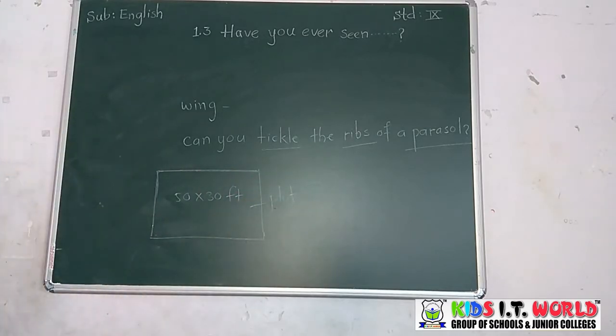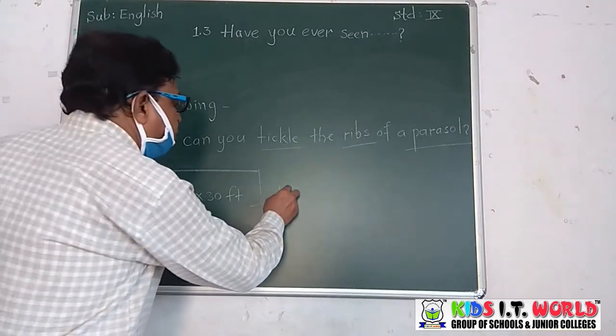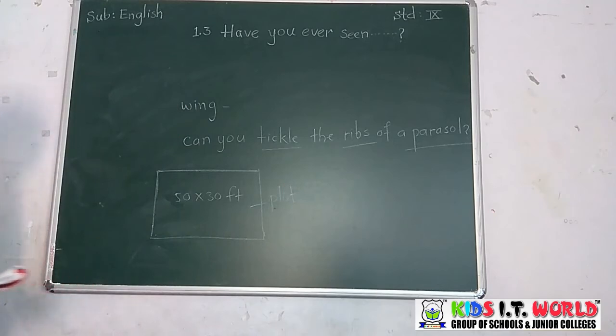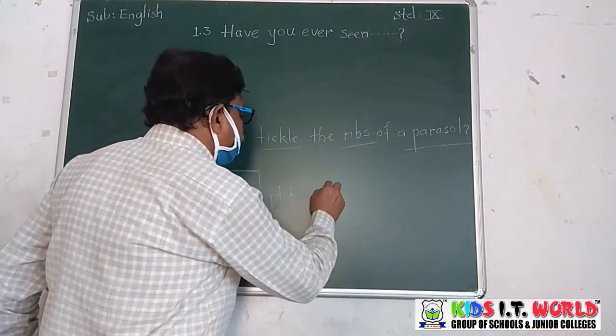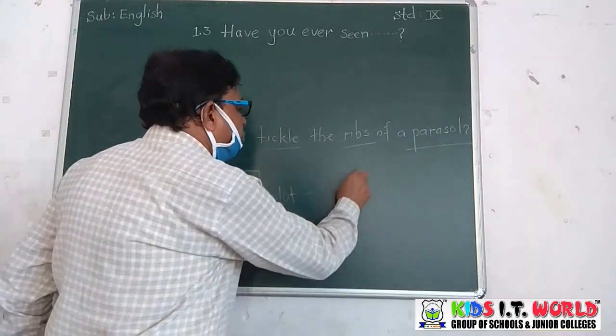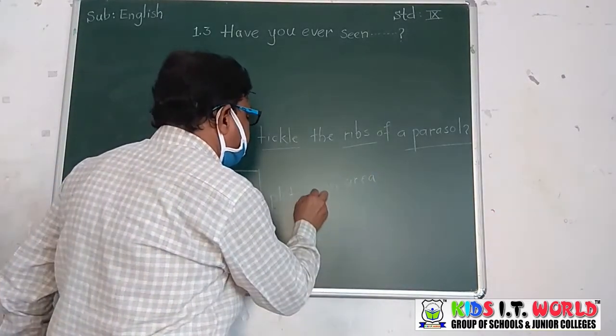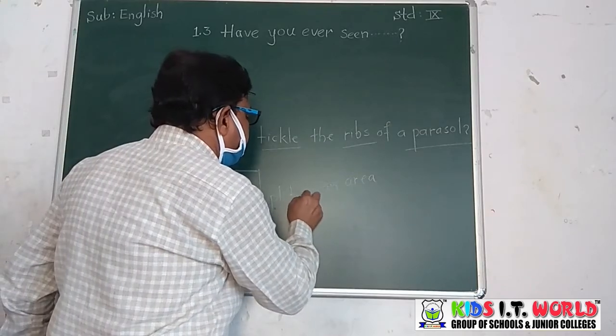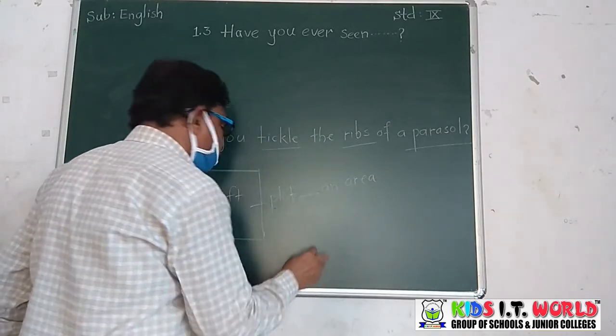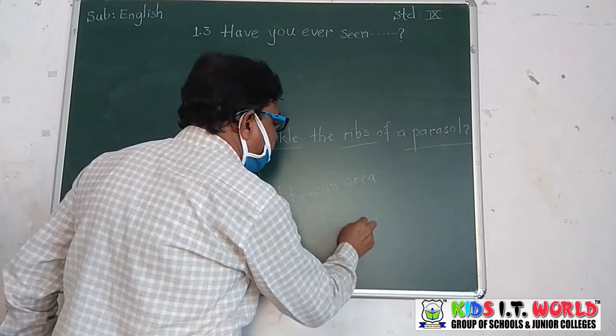But there is one more meaning for plot, and that is to make a plan, an evil or wicked plan. One meaning is an area, and another meaning is a wicked plan.